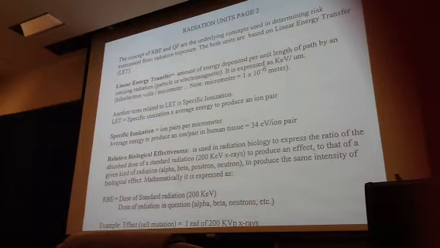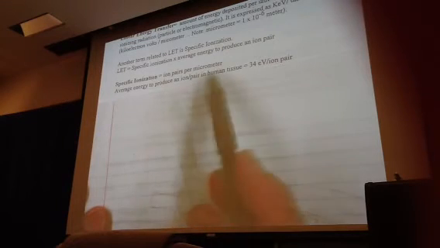And it's actually a combination. The first thing is what they call the specific ionization. Specific ionization is the number of ion pairs per micrometer.